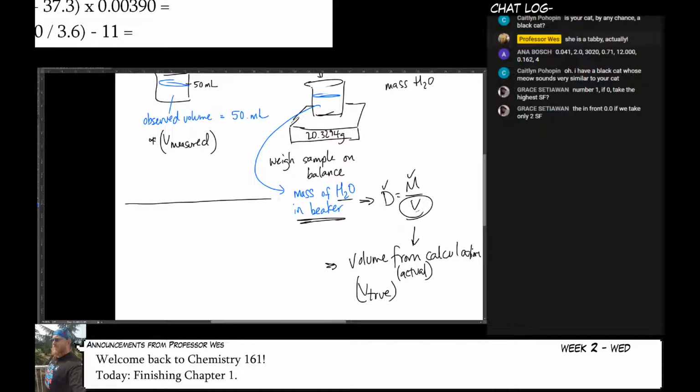And so when we go do percent error here, the formula, which is given in the documentation, would be volume measured minus the volume that it actually was, divided by the volume it actually was, times 100%. Now, if these numbers were the same, I measured out 50 and my true volume was 50, I would have 0 divided by 50, which would be 0% error.